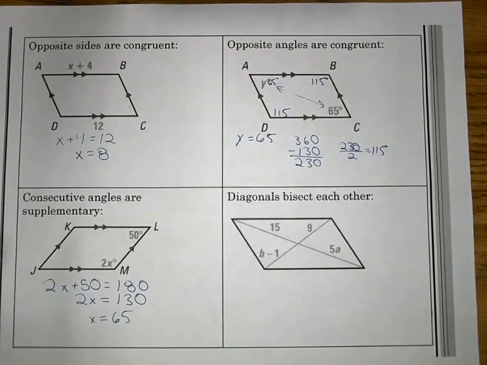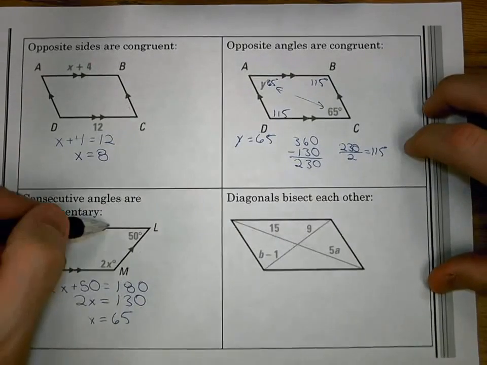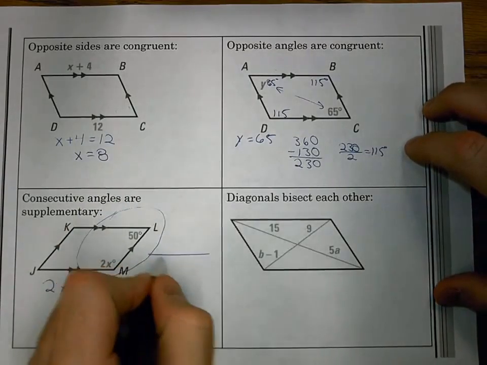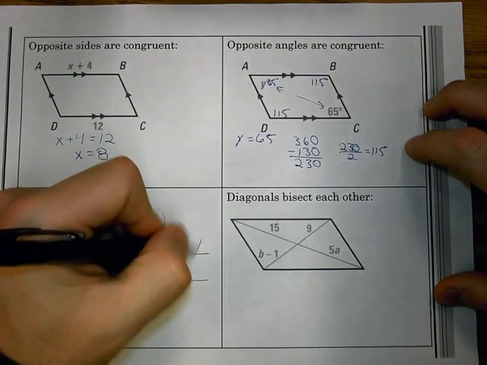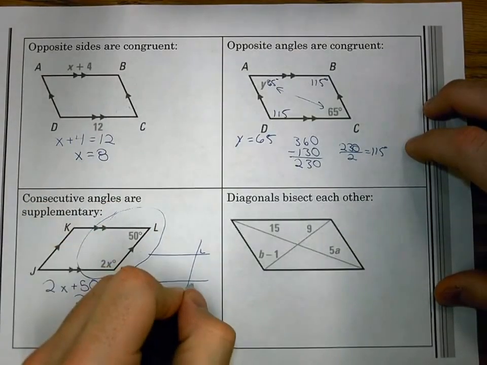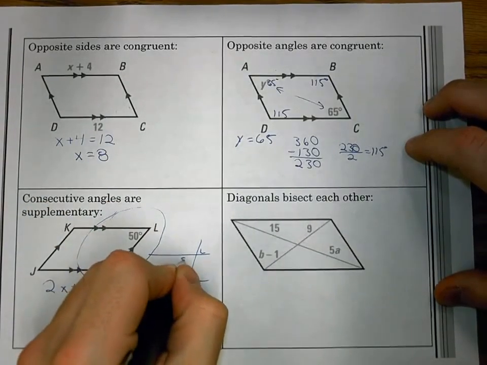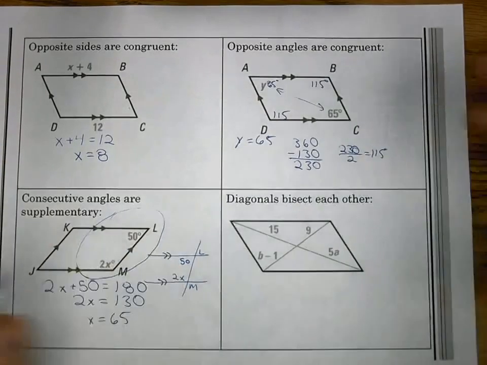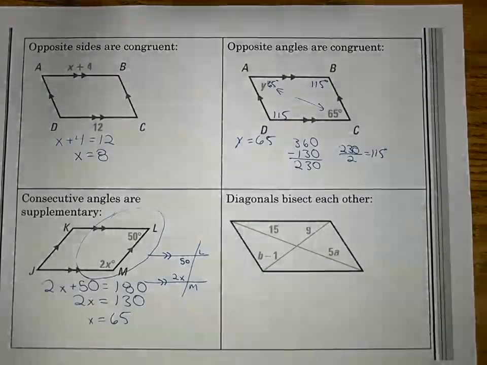If I wanted to, I could go further and find the rest of the angles here, but we're okay with what we have. What I do want to look at is, notice this problem. If I just take this piece of my parallelogram, I have L, I have M, I'm extending things out. This actually turns into a problem where we have parallel lines cut by a transversal.